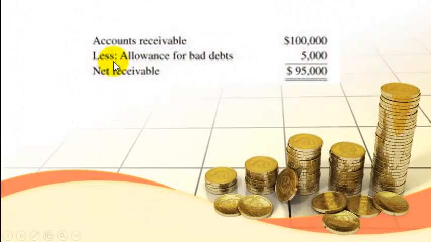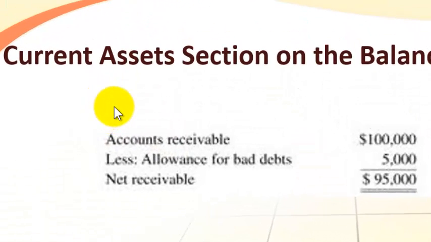This is how it would look in the balance sheet in the current assets section. So you can see that's just a little excerpt. You would have a heading here, current assets. You would have other current assets like cash at bank, inventory control account and so forth. But this is the important bit.